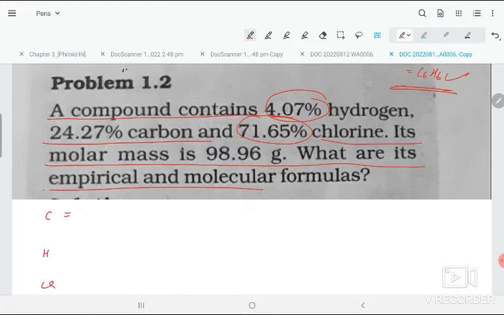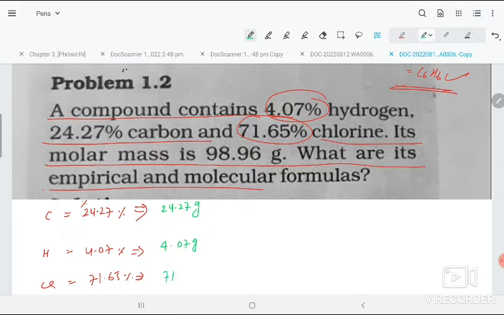The percentages are 24.27 for carbon, 4.07 for hydrogen, and 71.65 for chlorine. Percentage has no use, we have to convert into gram. All the percentages are given out of 100, so percentage mass and gram mass are exactly the same. So we can write 24.27 gram, 4.07 gram, and 71.65 gram.